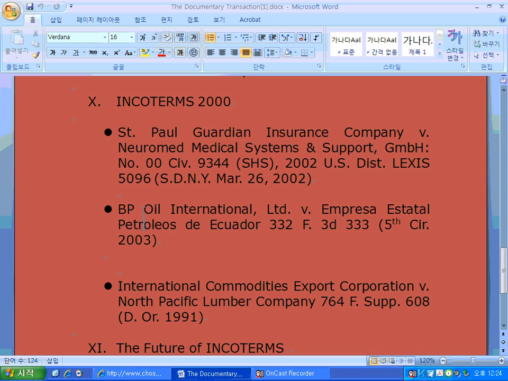So, the plaintiff in the first case would be an American insurance company. Because it is CIF, the seller is obliged to procure the insurance contract and also the transportation contract. That is not the case in CNF. Then why does the party use the CNF? It may lie in various contextual reasons.